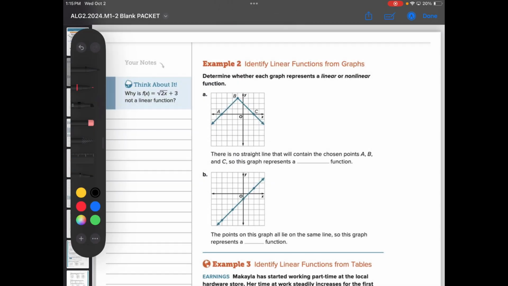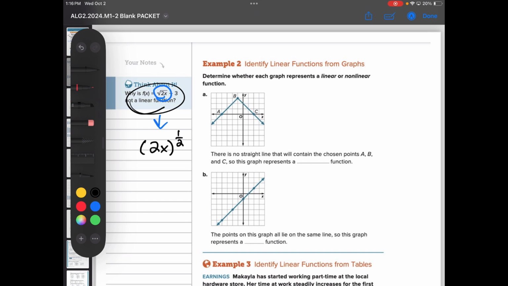Okay, so on example 2 here, we're going to determine whether each graph represents a linear or nonlinear function, okay? So over here, let's do the think about it really quick. Why is this a not linear function? Okay, so think about a square root. If you have a square root, that can be rewritten to the power of 1/2.